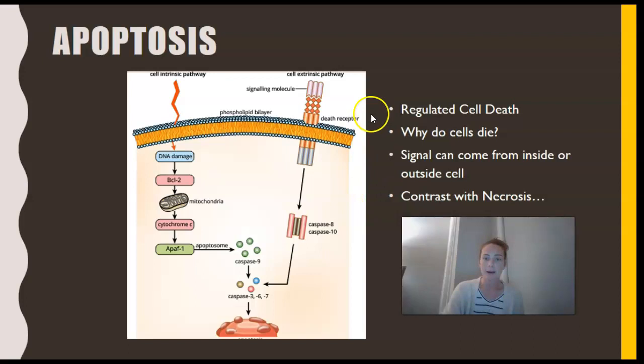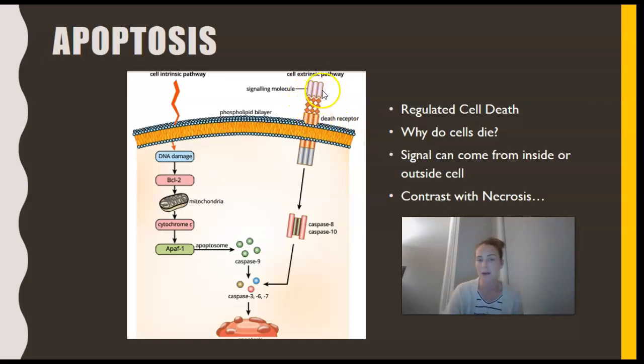All right, in comparison to the cell extrinsic pathway. This is where the signal is being received from outside of the cell. The signaling molecule here is usually a cytokine. So if you're talking about the signal part of this model, refer to the signaling molecule as a cytokine, and it binds to something called a death receptor.